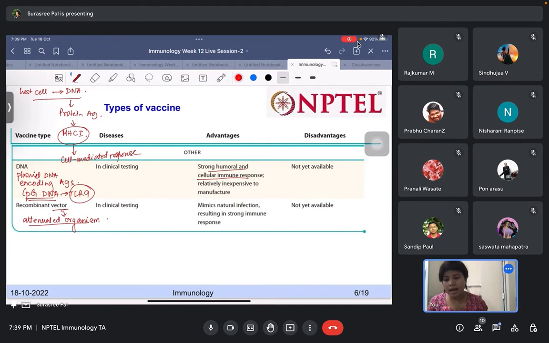And therefore, it replicates within the vaccinated host and expresses the gene product of the pathogen.